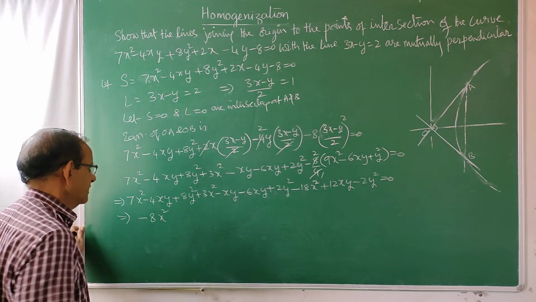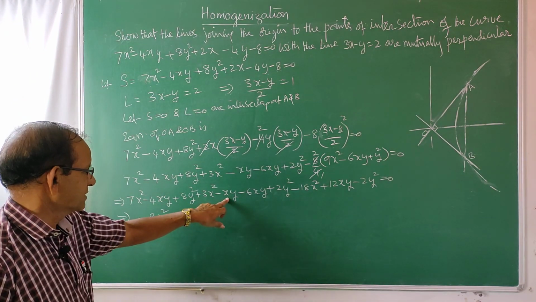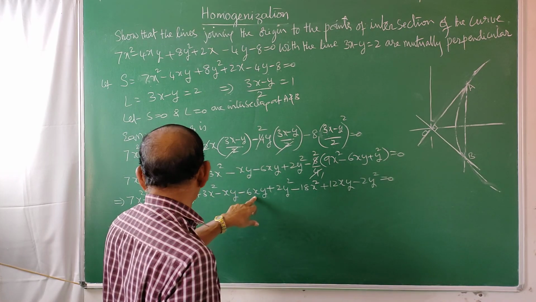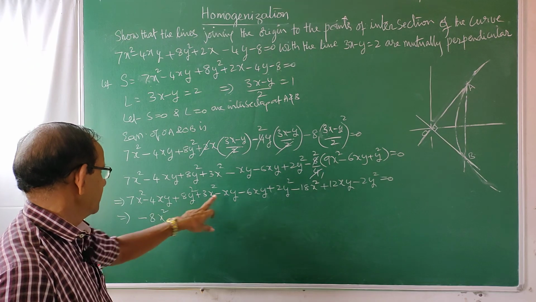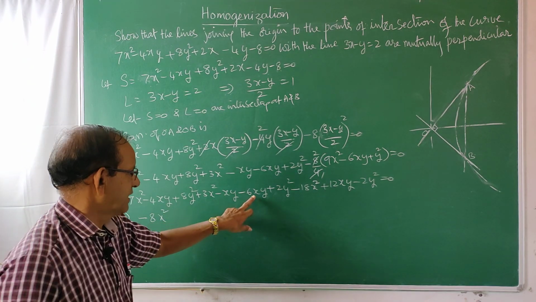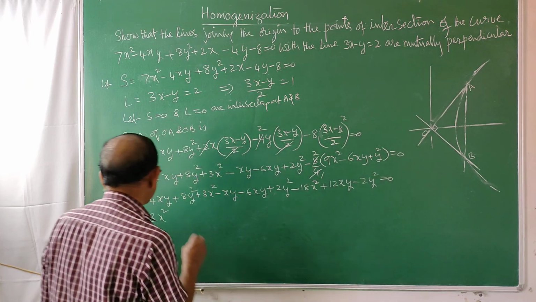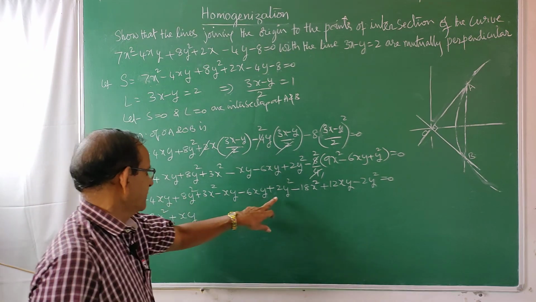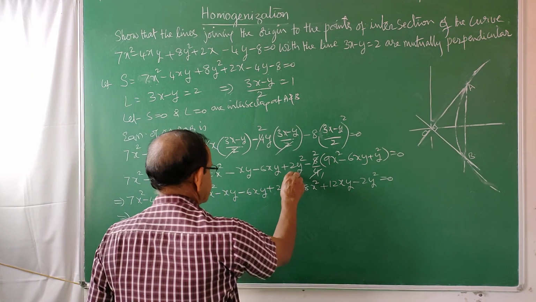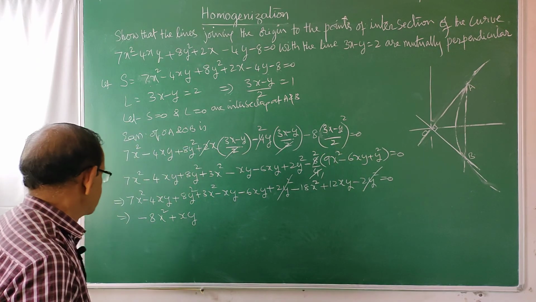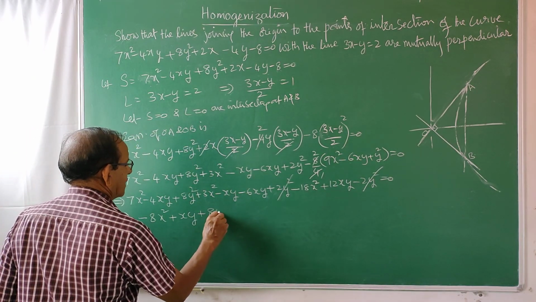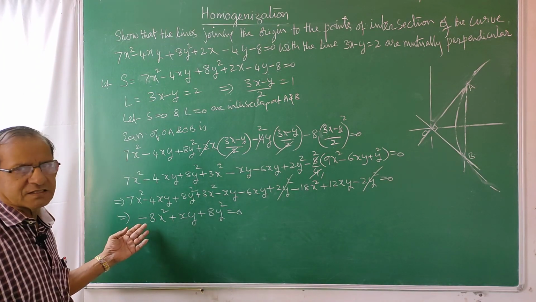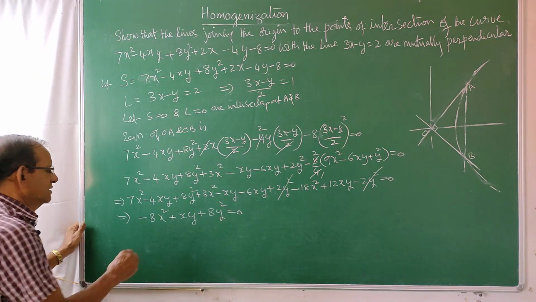Next xy terms: minus 4 minus 1 minus 5, minus 4xy minus xy, minus 5xy, minus 6xy, minus 11xy plus 12xy, that is plus xy. Next y square terms: 8y square plus 2y square, 10y square, and this 2y square is cancelled. So only 8y square is there, equal to 0.